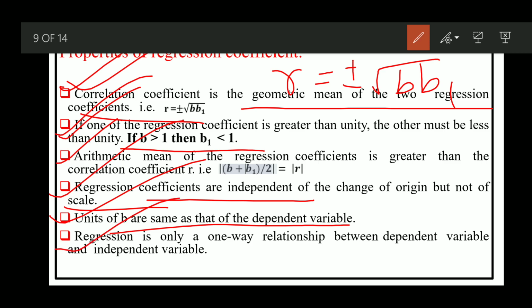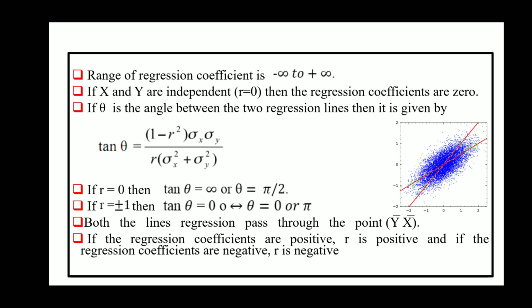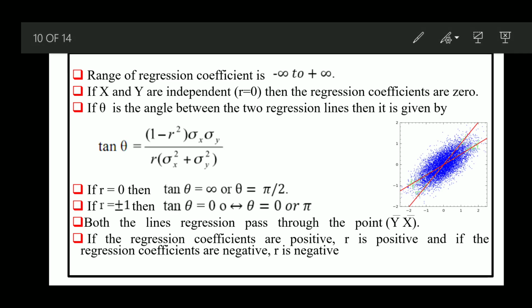Next, regression is a one-way relationship, whereas correlation is a two-way relationship. Regression is a one-way relationship between the dependent and independent variable. Next, the range of the regression coefficient: it is between minus infinity and plus infinity.